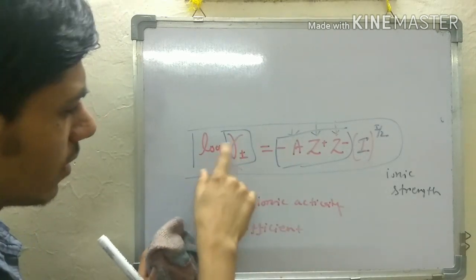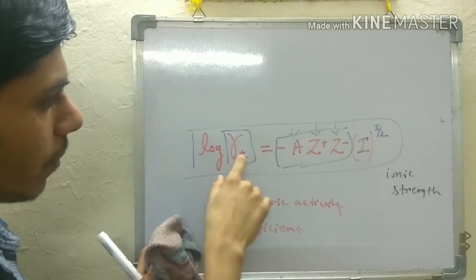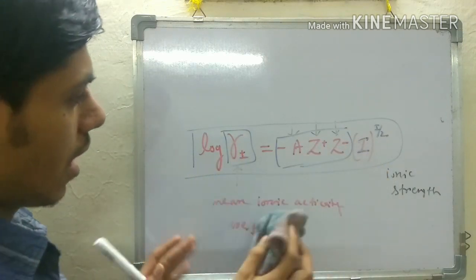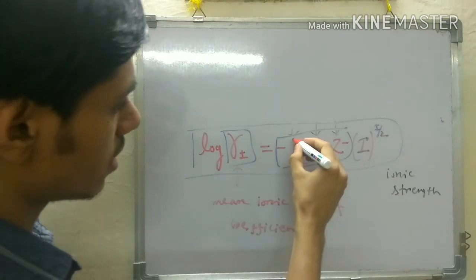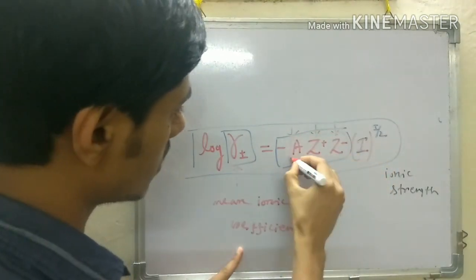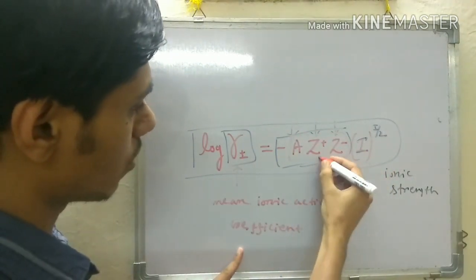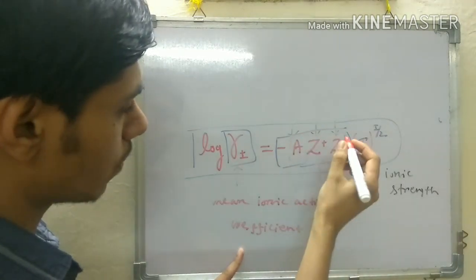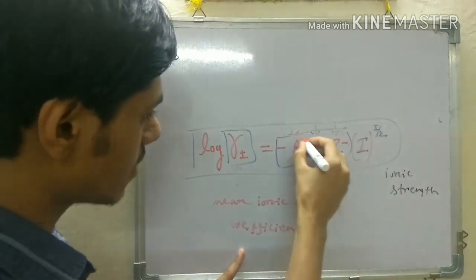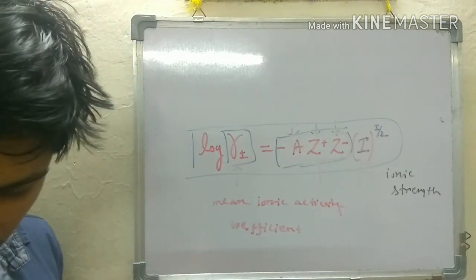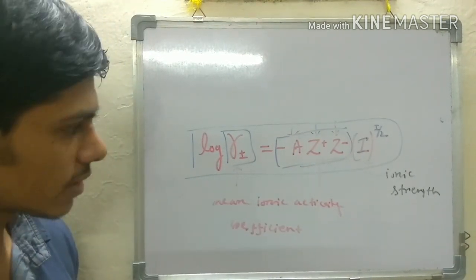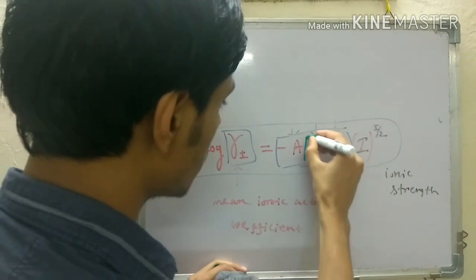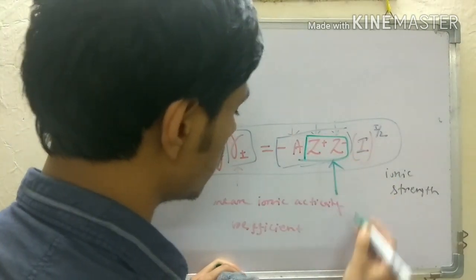So we can plot this log gamma plus-minus with I. Now you can see this term, a z plus z minus, is a constant term. Actually it is not truly constant. Although this a is constant, your z plus z minus term varies with different ions.